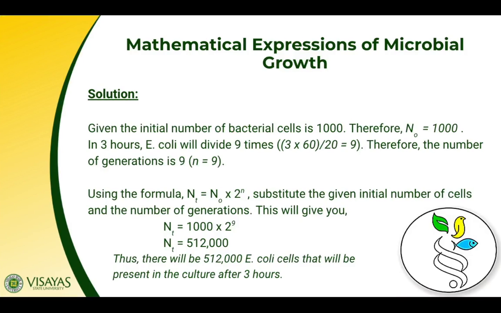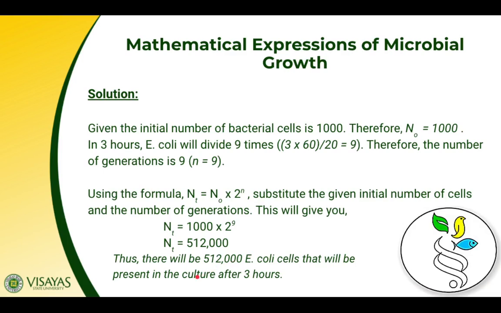So using the formula Nt, or the final number of cells, equals the initial number of cells times 2 to the n. You substitute the given initial number of cells and the number of generations, and this will give you Nt equal to 1,000 times 2 to the 9, which is equal to 512,000.